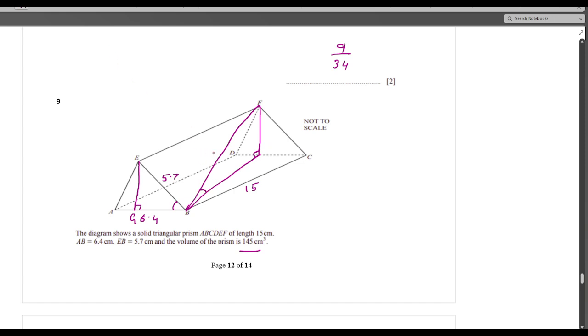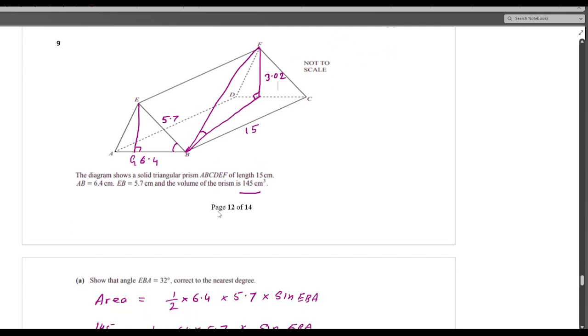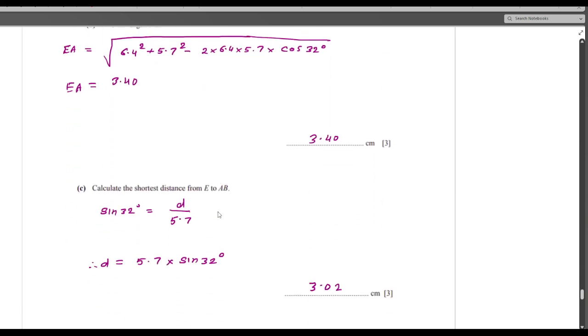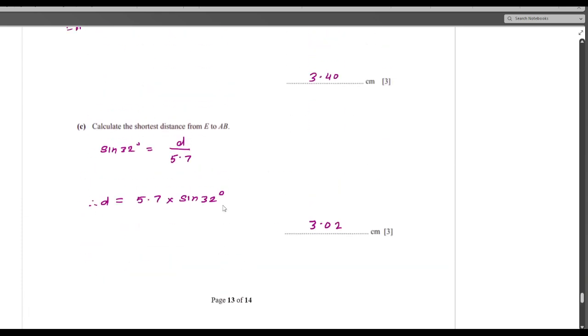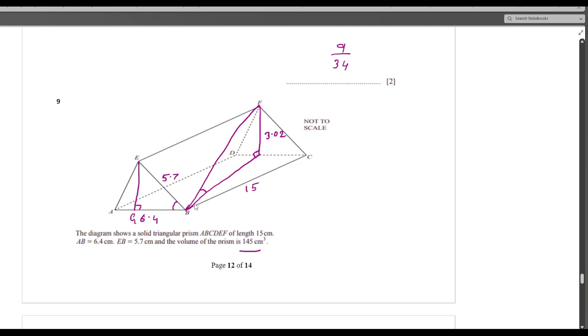Now for this angle, if I know the length of BF, this perpendicular we have already found, which is 3.02. So if I know BF, I can find this angle. BF is equal to the square root of, now this BF is a diagonal in the rectangle BEFC.